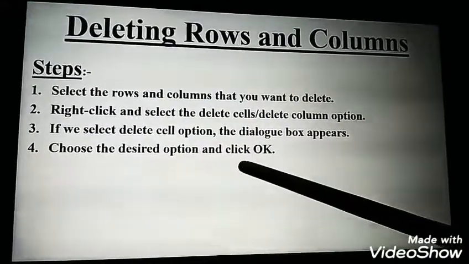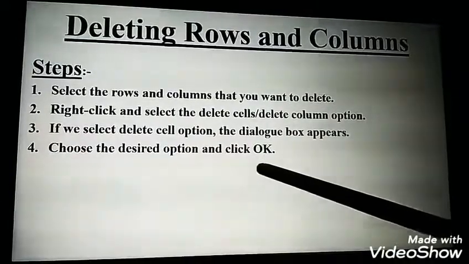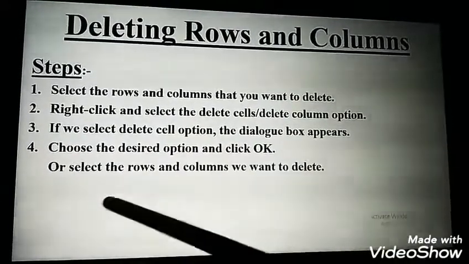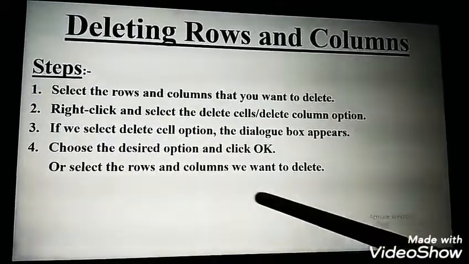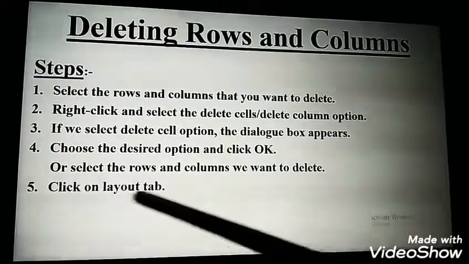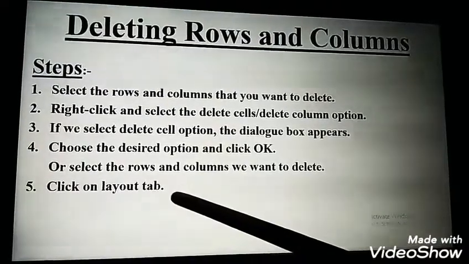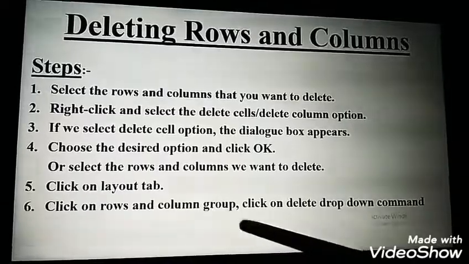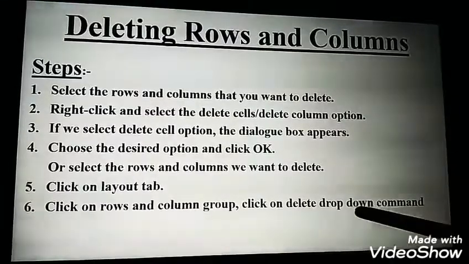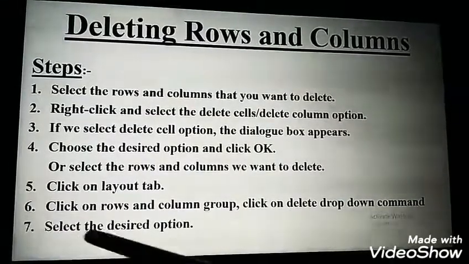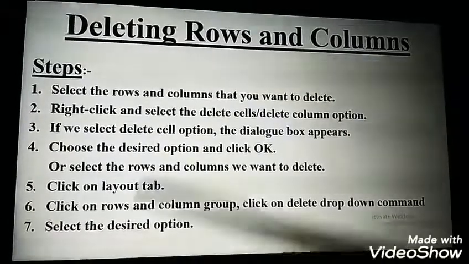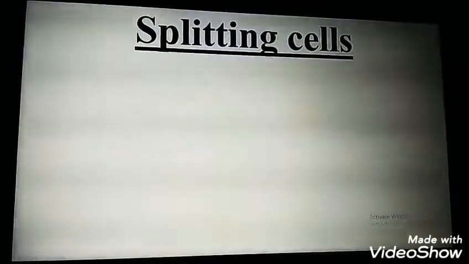Choose the desired option from that dialog box and then click OK. Or we can select the rows and columns we want to delete, click on the layout tab, and in the rows and columns group, click on the delete drop down command and select the desired option.